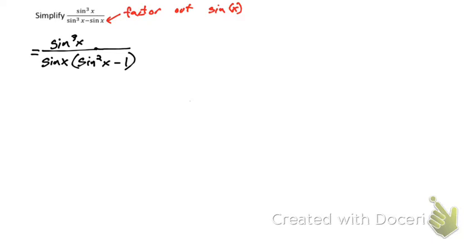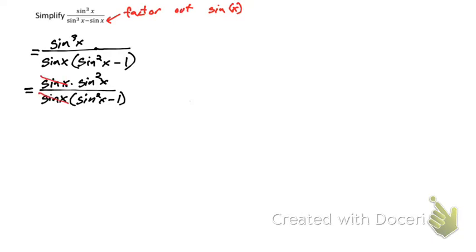Now I have sine cubed x over sine of x. Either you remember stuff about powers, where this would cancel out and you'd just be left with 2 here, or if you don't remember that, you can go the long route and say that this is sine of x times sine squared x all over sine of x times sine squared x minus 1, and your sines cancel out.